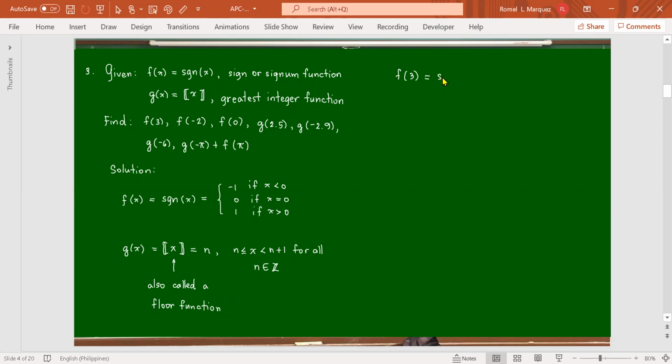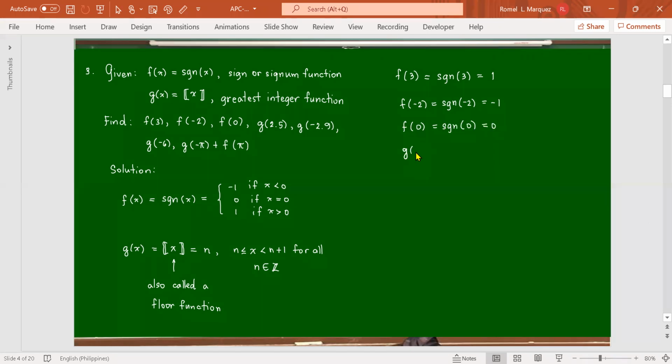What is the sign of 3? 1, positive 1, according to the definition of the sine function. What about f of -2? -1. What about f of 0? 0.